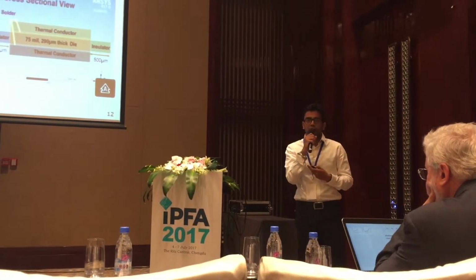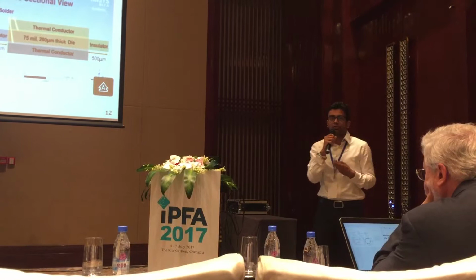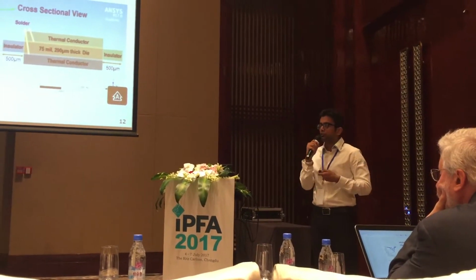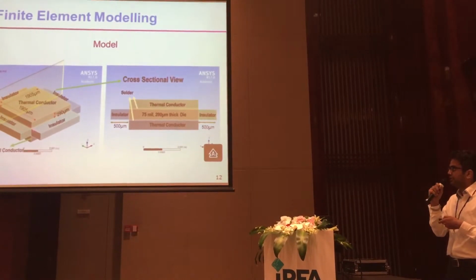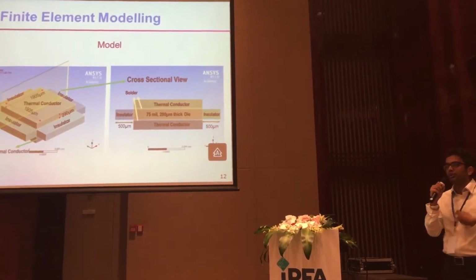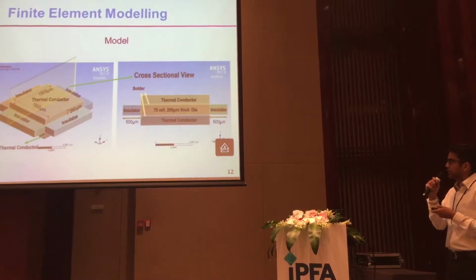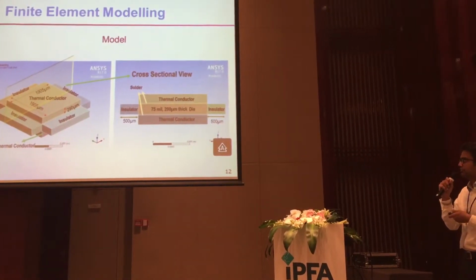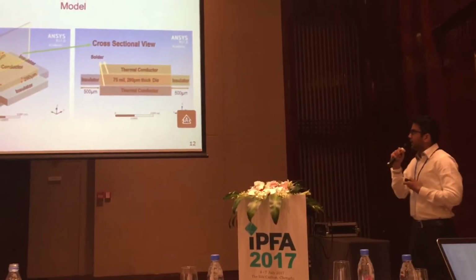In future we are thinking of mimicking it completely, because we found later on that these corners are still exposed. So in future we'll try to cover up this area also so that it can really be mimicked like a real diode.